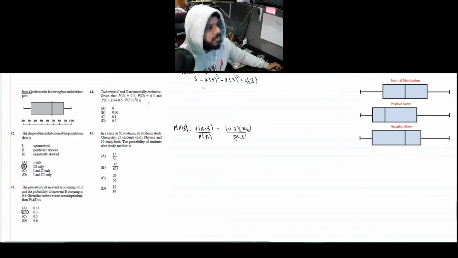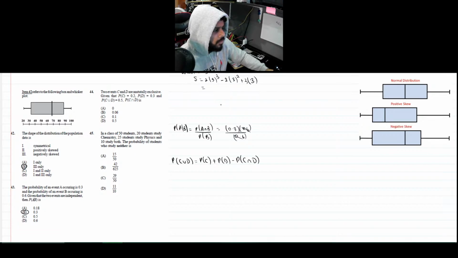Two events C and D are mutually exclusive, given that the probability of C is equal to 0.2, the probability of D is 0.3, and C union D is 0.5, then the probability of C intersect D is, so we have a formula: the probability of C union D is the probability of C plus the probability of D minus the probability of C intersect D. So rearrange: C union D is 0.5, take away the probability of C, 0.2, take away the probability of D, which is 0.3, is equal to negative the probability of C intersect D. That looks like 0 is negative the probability of C intersect D, and 0.